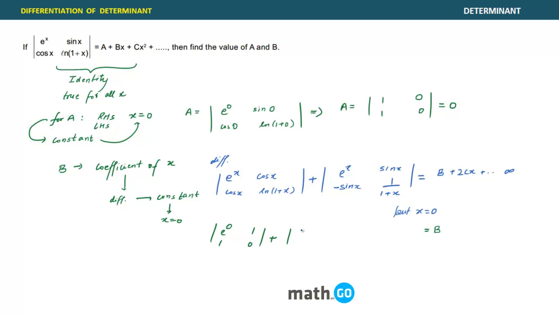This will be again e raised to power 0 is 1, 0, 0, and this will be again 1. So the value is minus 1, and b again comes out to be 0. So a and b in this particular case are both 0, and this is how you solve this particular problem.